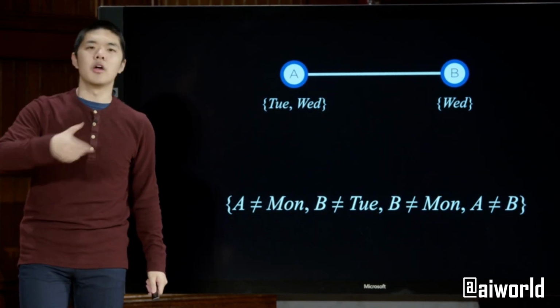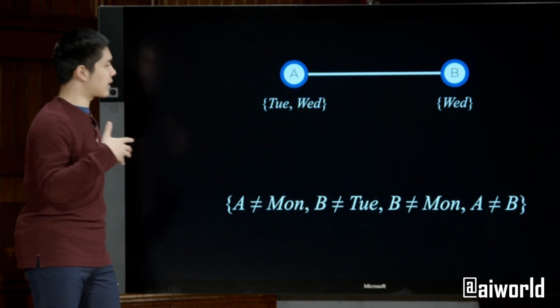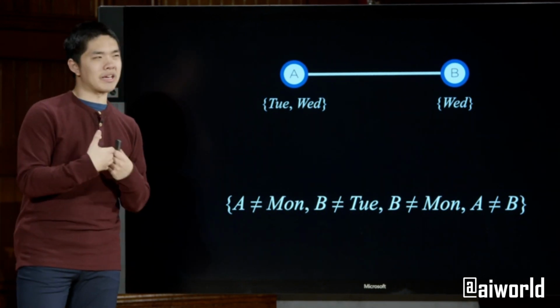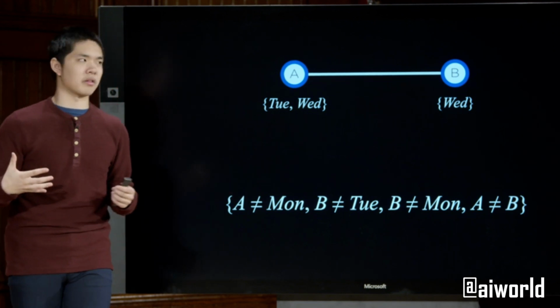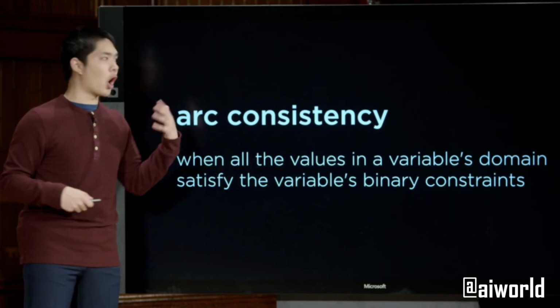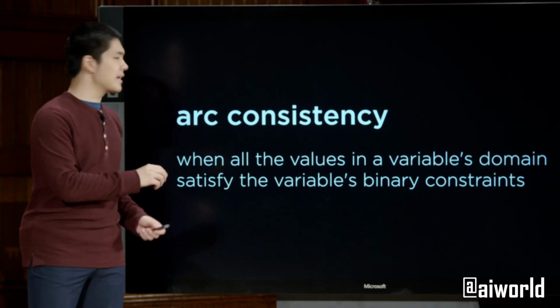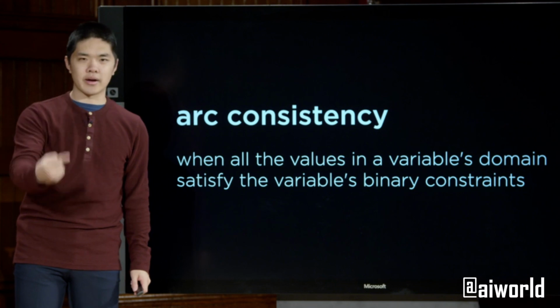We just take each node, make sure the values in the domain satisfy the unary constraints. Where things get a little bit more interesting is when we consider different types of consistency, something like arc consistency, for example. Arc consistency refers to when all of the values in a variable's domain satisfy the variable's binary constraints.